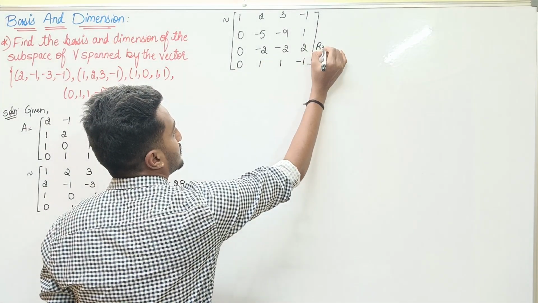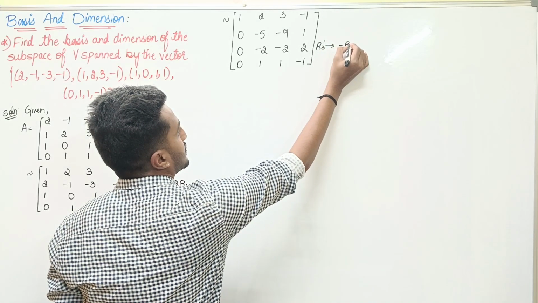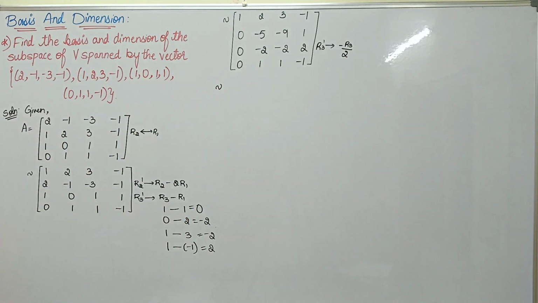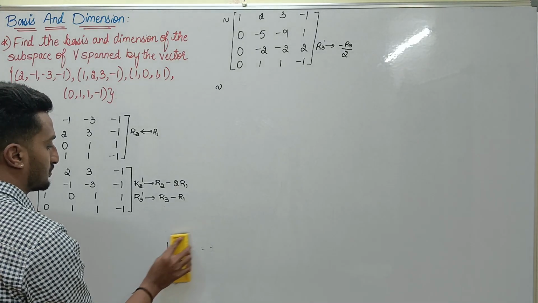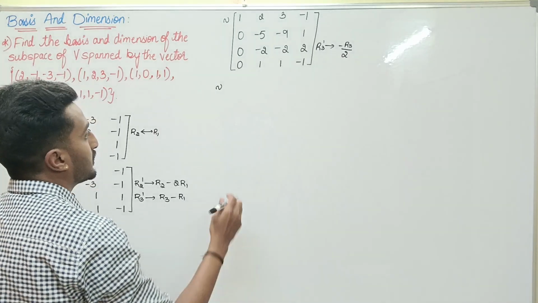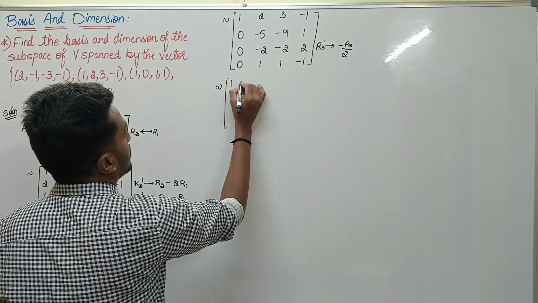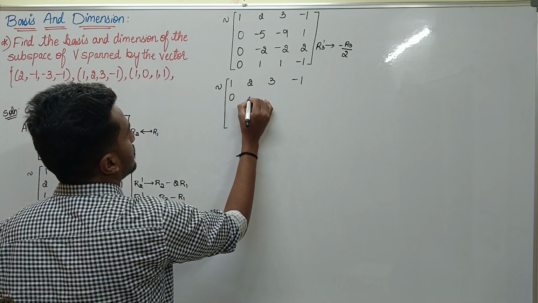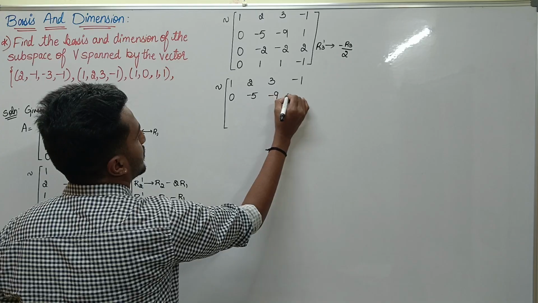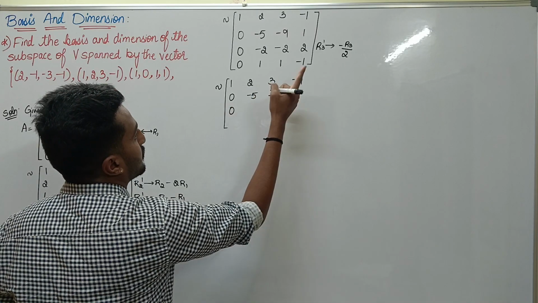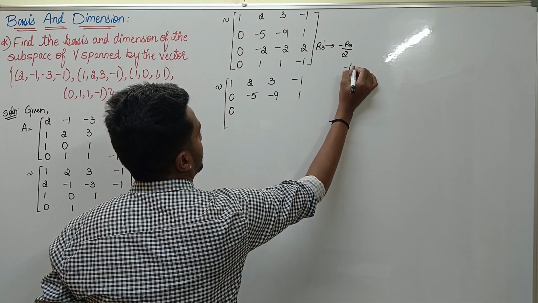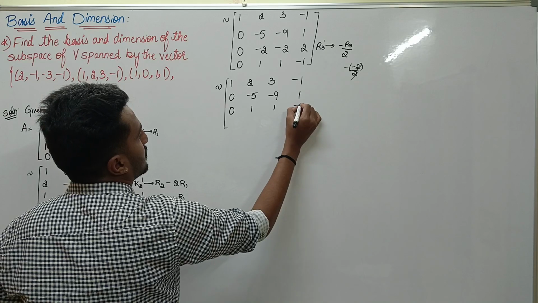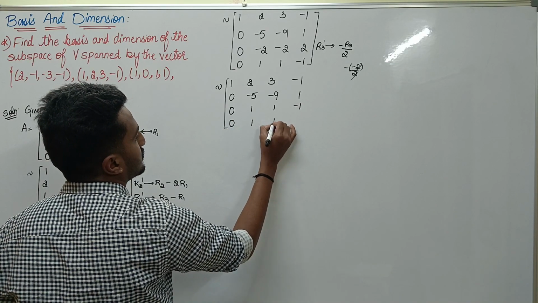That is, R3 dash changes to minus R3 divided by 2, which will be equivalent to 1, 2, 3, minus 1; 0, minus 5, minus 9, 1; 0, minus of minus 2 by 2, minus into minus plus 1, 1, minus 1; 0, 0, 0, minus 1.